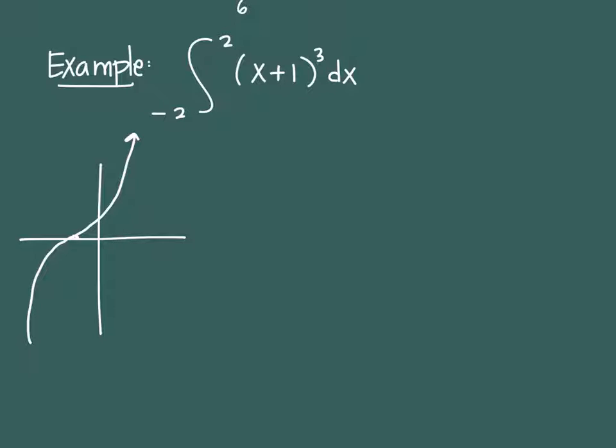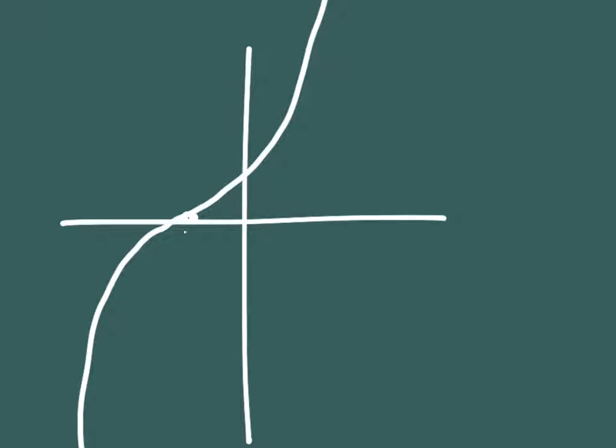And we are going from negative 2 to positive 2. This one hits the x-axis at 1, which means negative 2 is going to be partially negative answers, 0, 1, and 2. So my area is going to be partially negative, partially positive, and then all the way out to the number 2.